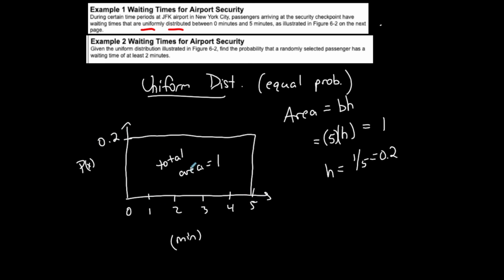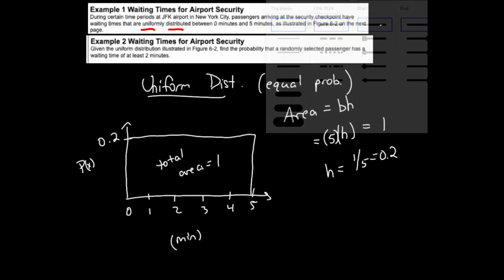So following the fact that it's uniform, all these probabilities are equal, so it follows this rectangular shape, and with the fact that the total area under the curve is 1, I can determine the probability per outcome. Sometimes you're given that and sometimes you're not. In this case, we were not, so we had to determine it. But it wasn't that hard because it's a rectangular shape and I know the area of a rectangle.